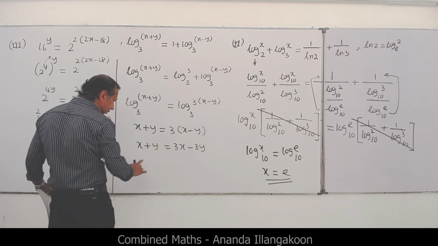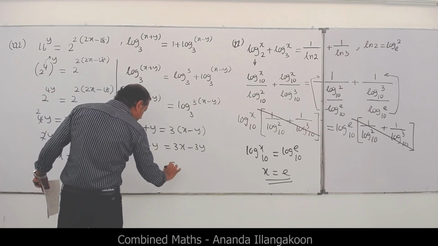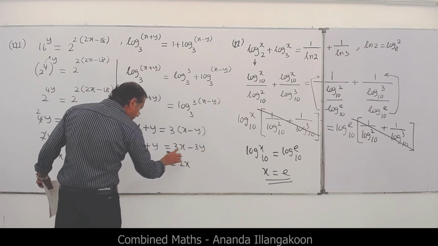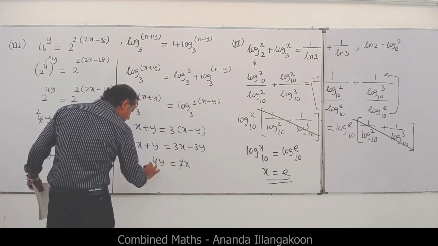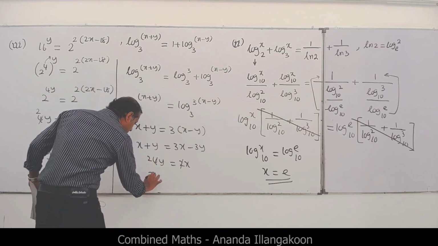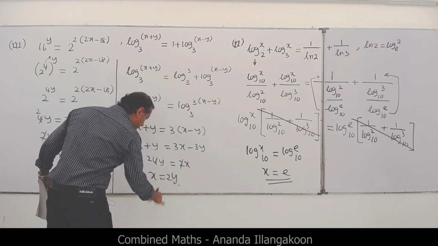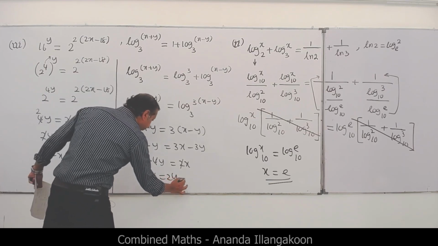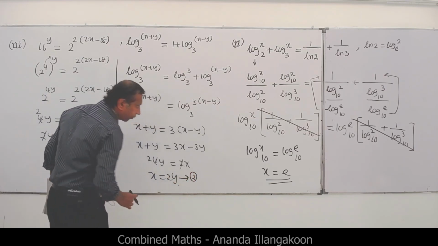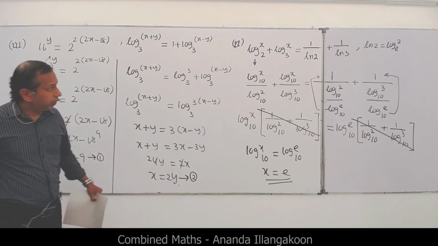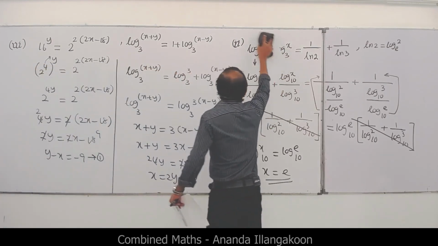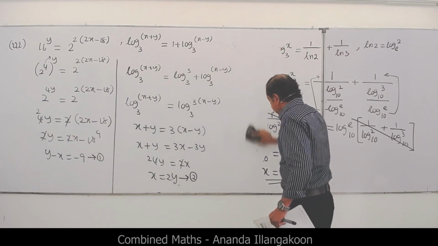Right. Take this x to this side. 3x minus x is 2x, and to this side 4y, no? Cancel down this way. x equals 2y. Equation number 2. Now we can take the values of x and y by solving 1 and 2.